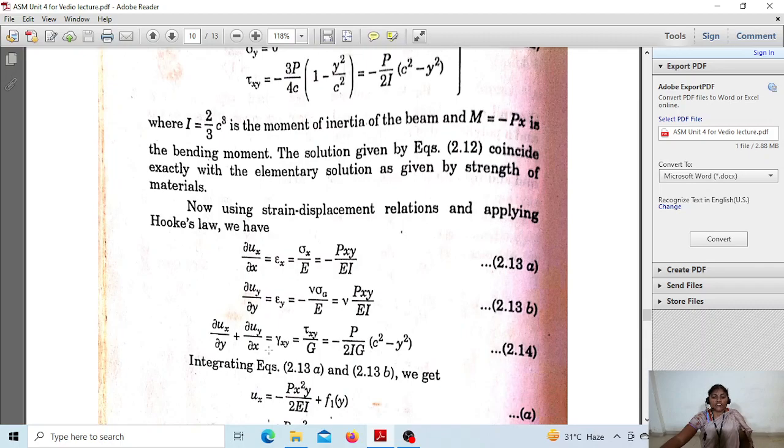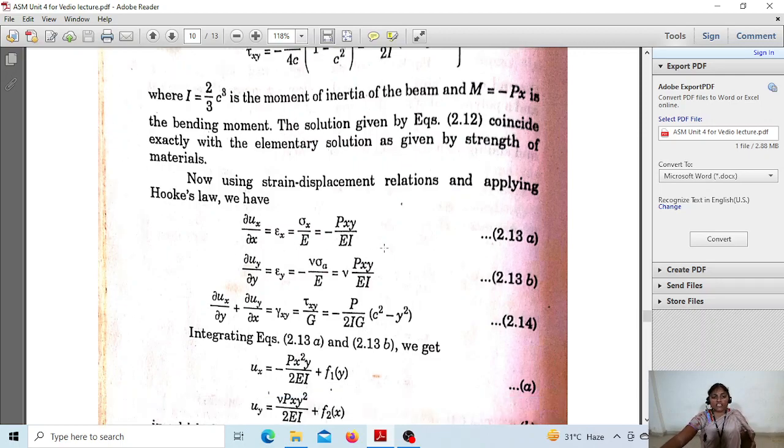Now shear strain: gamma xy is equal to dou ux by dou y plus dou uy by dou x, which is equal to tau xy by G, which is equal to minus p by 2IG into (c square minus y square). These are the three equations.